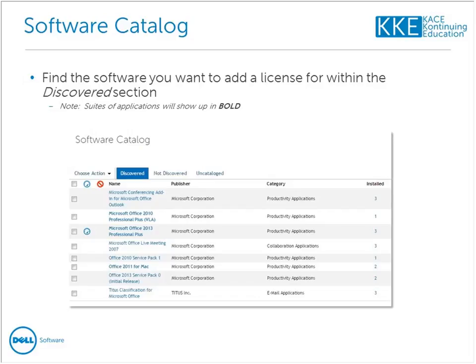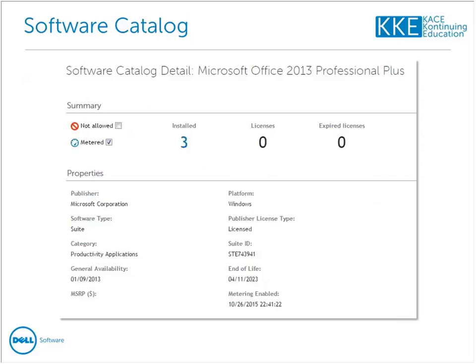All right. So the first thing you want to do is find the software and take a look at that piece of software. I've got a little picture here of the detail for Microsoft Office 2013 Professional Plus.